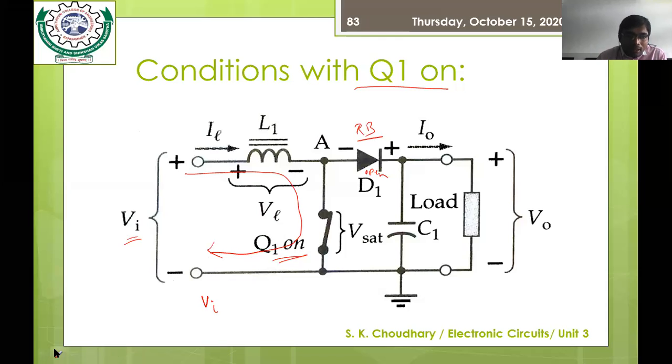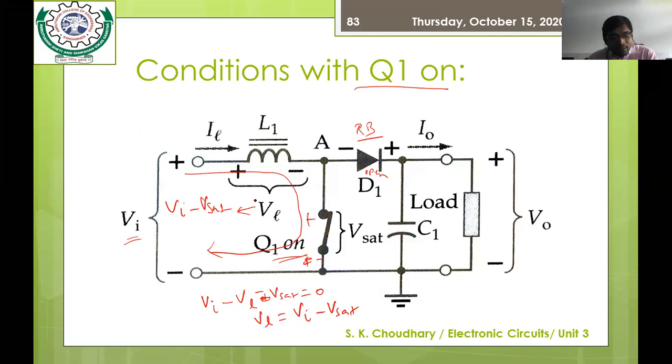The voltage across the inductor: Vi minus VL minus the voltage drop across this switch, which is Vsat, equals 0. Sorry, it would be plus or minus, depending on polarity. So VL is equal to Vi minus Vsat. So the voltage across the inductor is now Vi minus Vsat. This is the condition when your transistor is turned on.